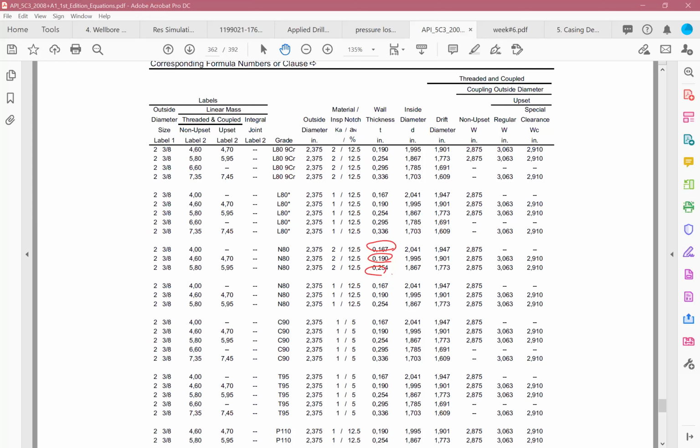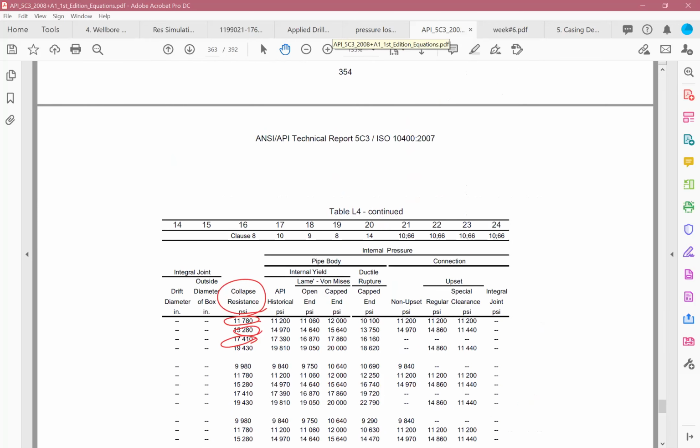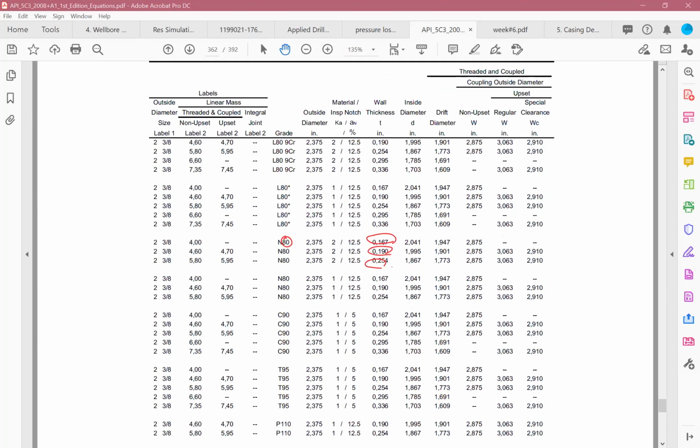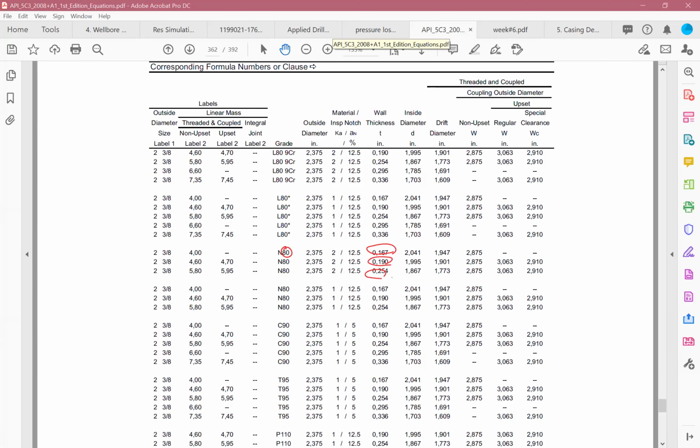So we don't just look at the number here. We also look at other criteria such as their collapse resistance, their burst value, how much burst pressure they can sustain, and also their body internal yield. This is basically your burst, which we will talk about later on. You will learn about that. But yeah, that's not the only thing that we look at. We will look at other properties as well. You will learn about that as we go.